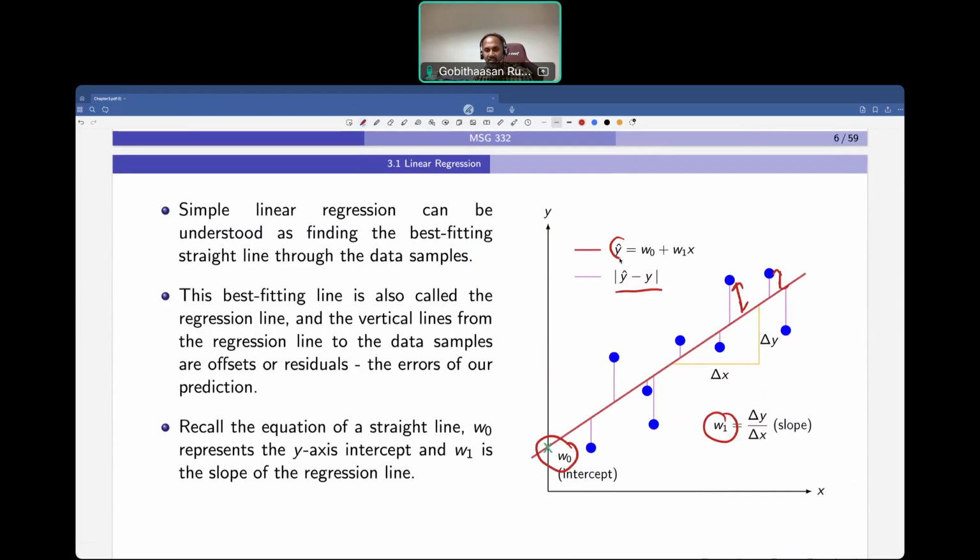Y hat is our predicted value. For example, for this point here, this is the y value, right? Whereas our predicted value y hat is this value here, on the line. All right, so that's what we are trying to do. We want to reduce all these residuals.